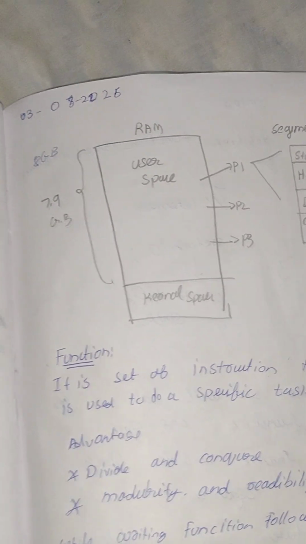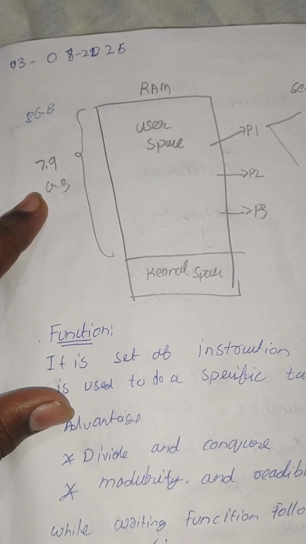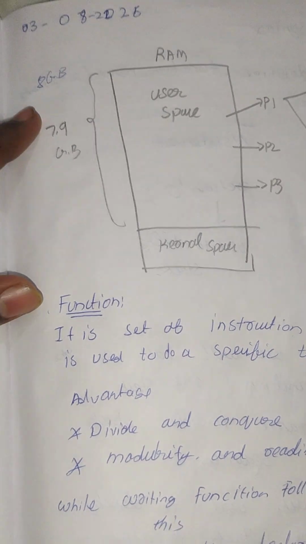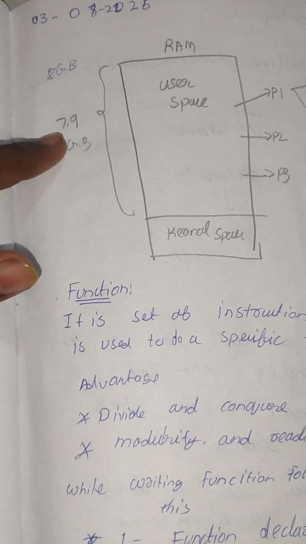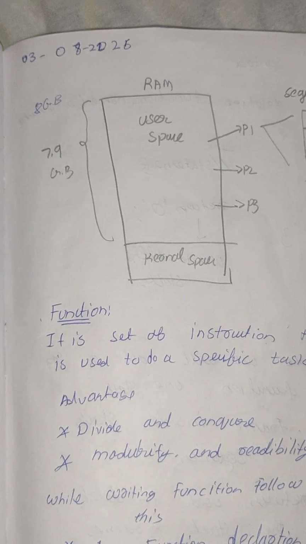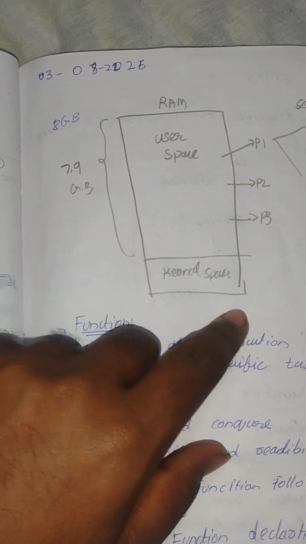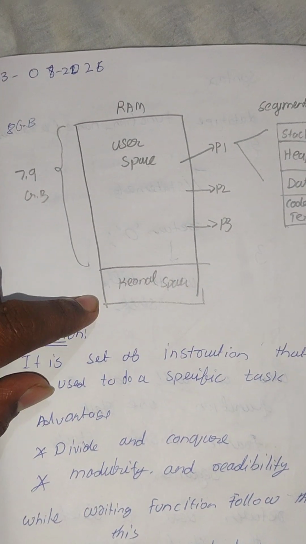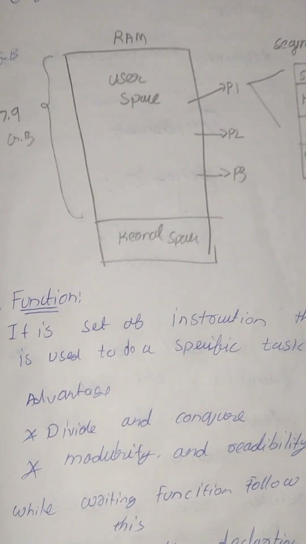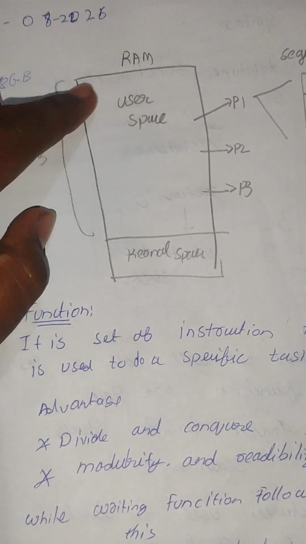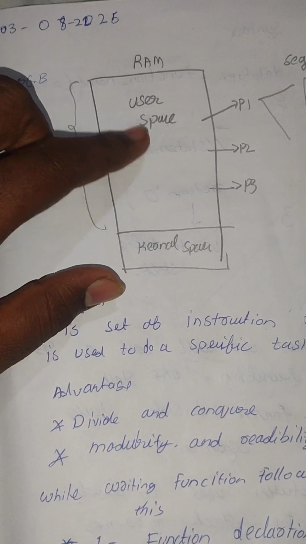In RAM memory, if there are 4 GB or 8 GB, we only get 7.9 GB, and the remaining part is consumed by the kernel space to run the OS. The remaining space can be used by our programs.